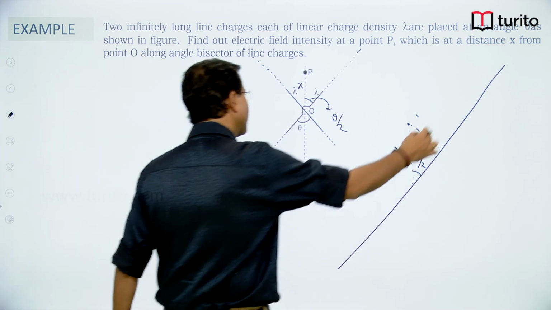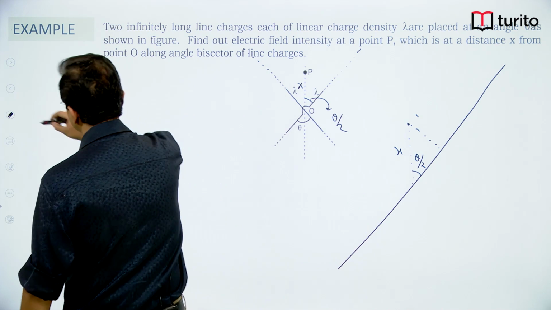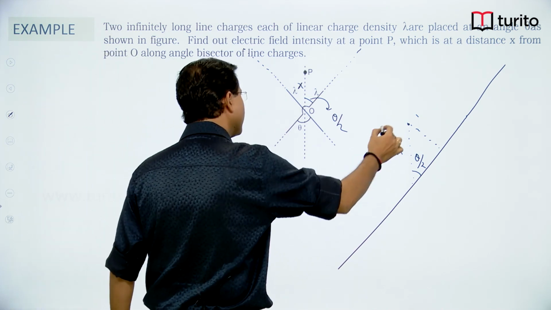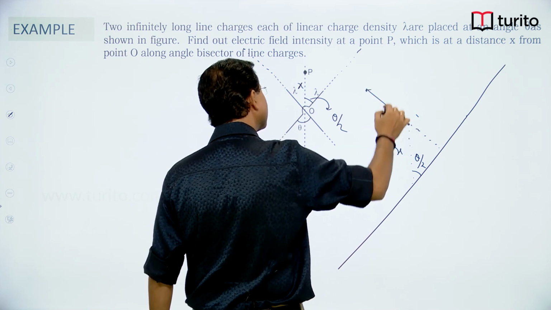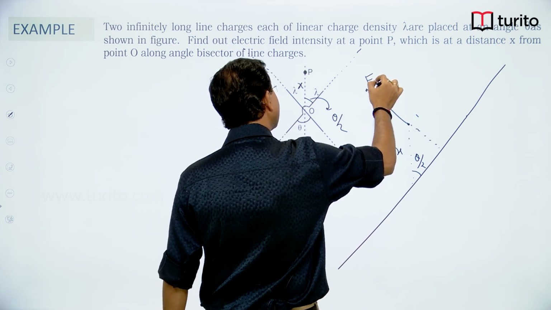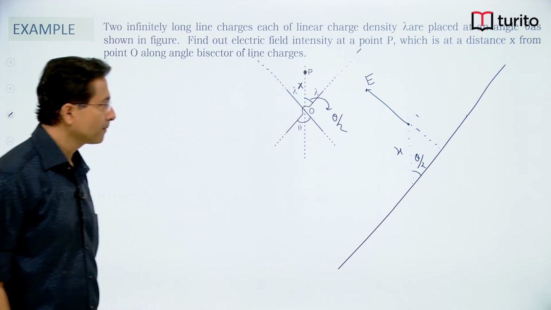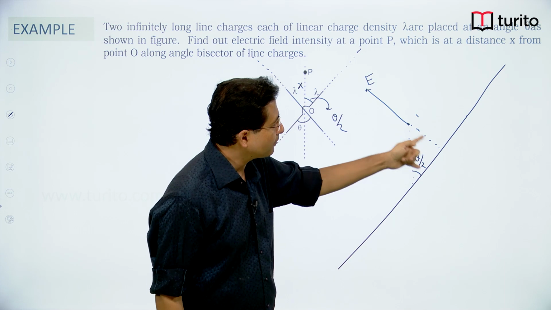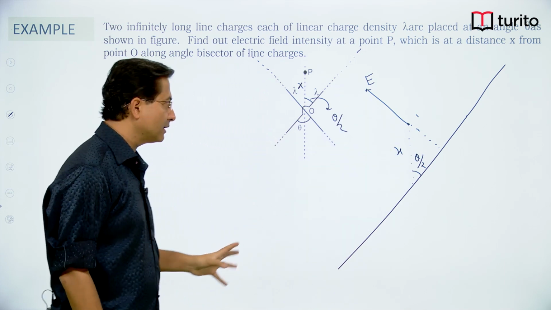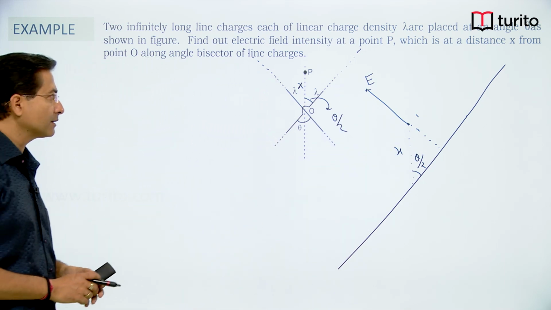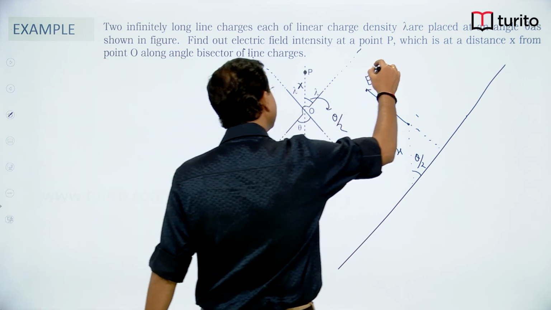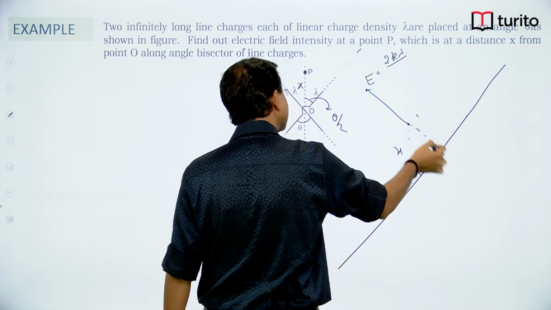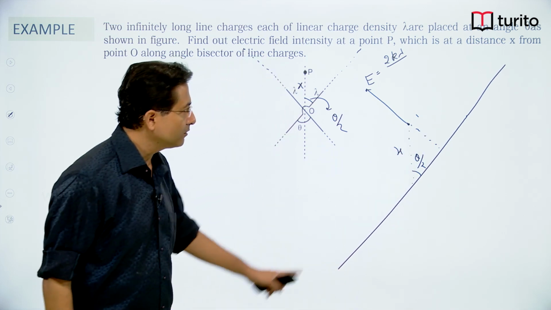So because of this wire, at this particular point the field will be like this. Let us call it the field produced by the first segment. The parallel-to-the-wire component will be 0 and the perpendicular component, as it is a positive charge distribution, will be away from the distribution, and the value will be 2k lambda divided by this perpendicular distance.